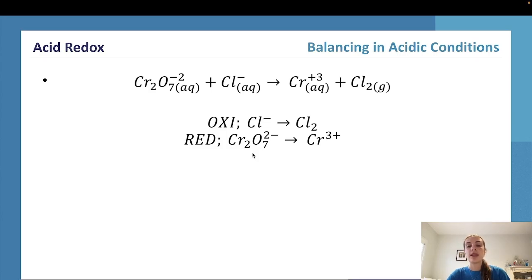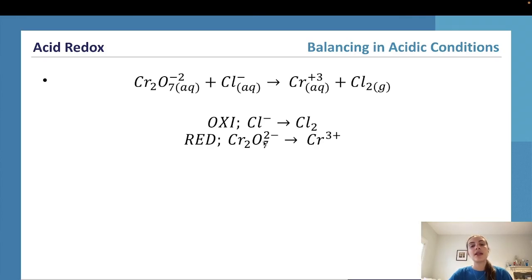Next, rule number 7 tells us that oxygen has an oxidation number of -2 per oxygen atom. But we've got 7 of them, so we do -2 times 7, and that gives us -14.